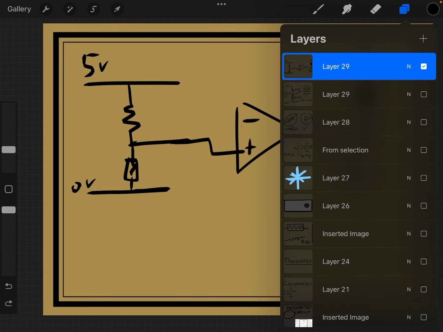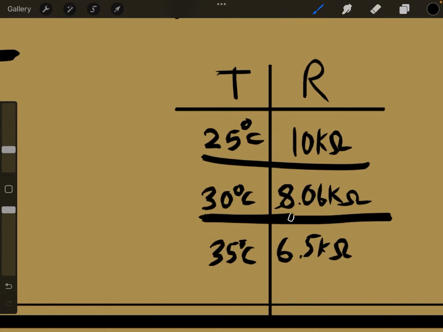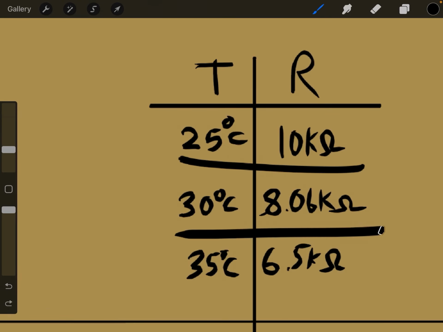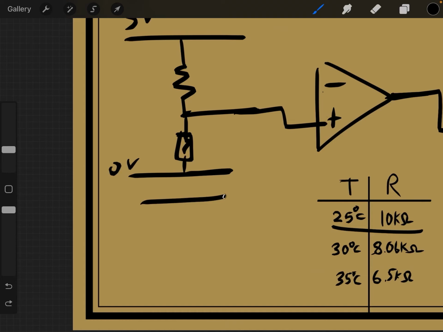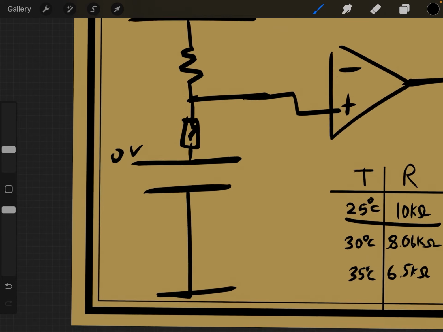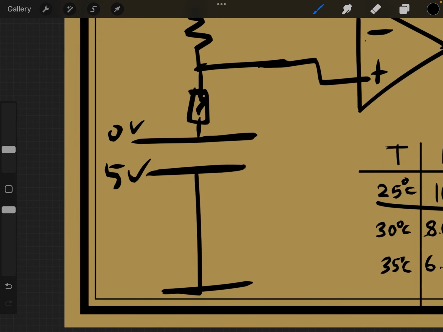So what we can do is if we bring back our chart, we know that at 30 degrees our thermistor has a resistance of 8.06K, and so we can create another voltage divider just like our previous one.